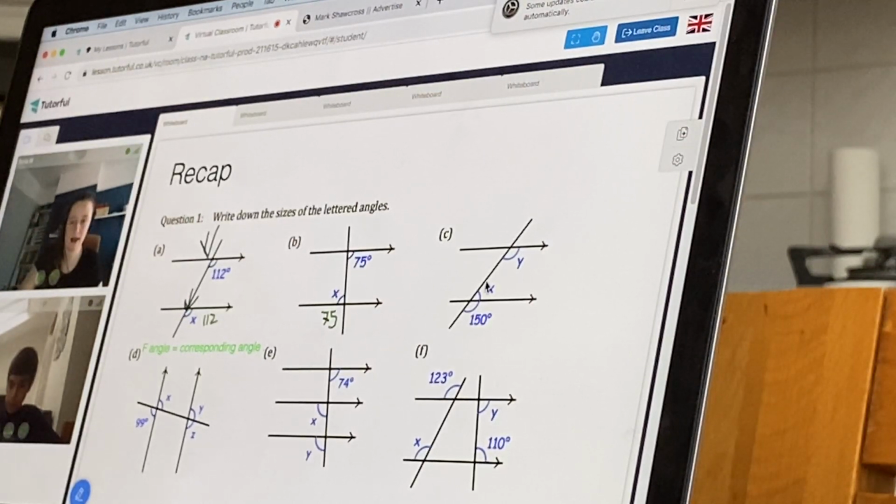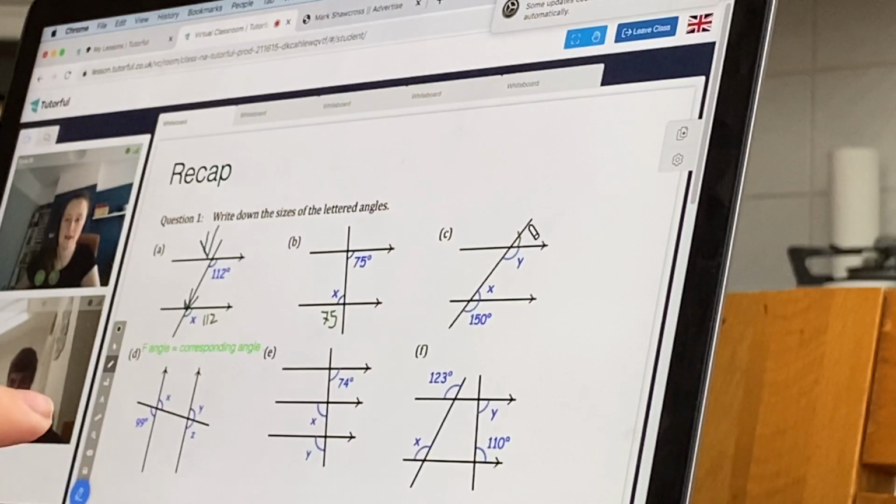For C, D, E and F, find X and Y if you can. So this one's 150 because this other side doesn't have this. Well, we have to divide 150 by 2. So which angle is 150?